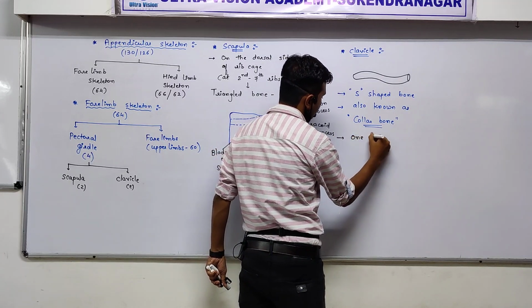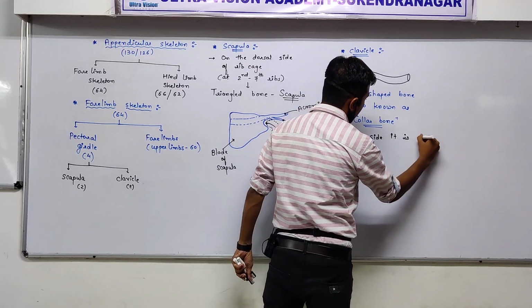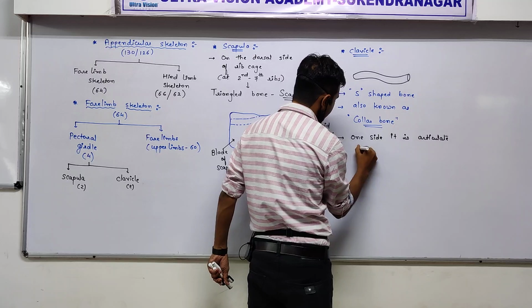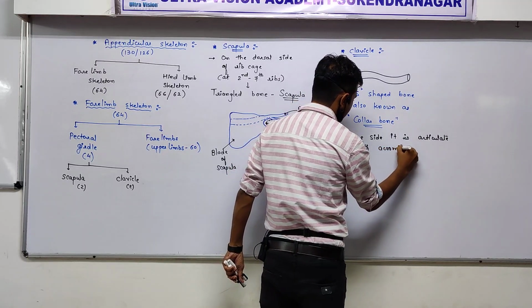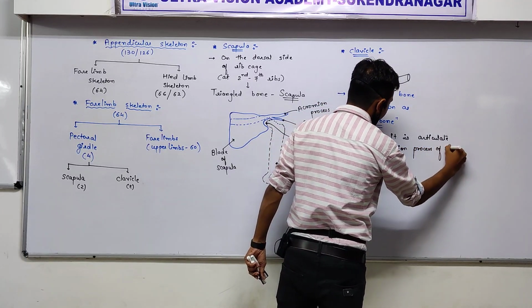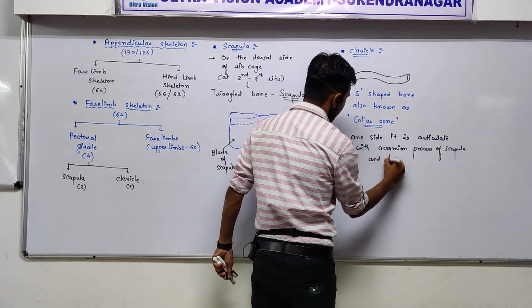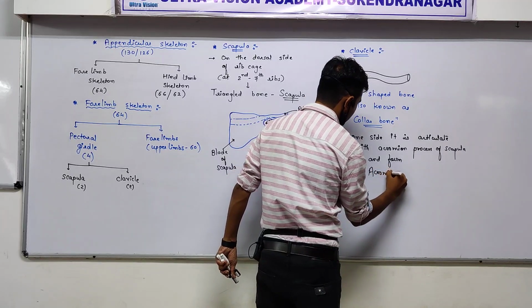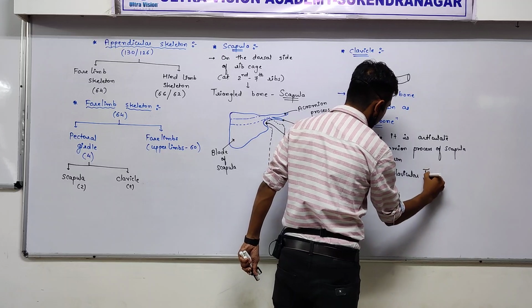One side it is articulate with the acromion process of the scapula and forms the acromioclavicular joint.